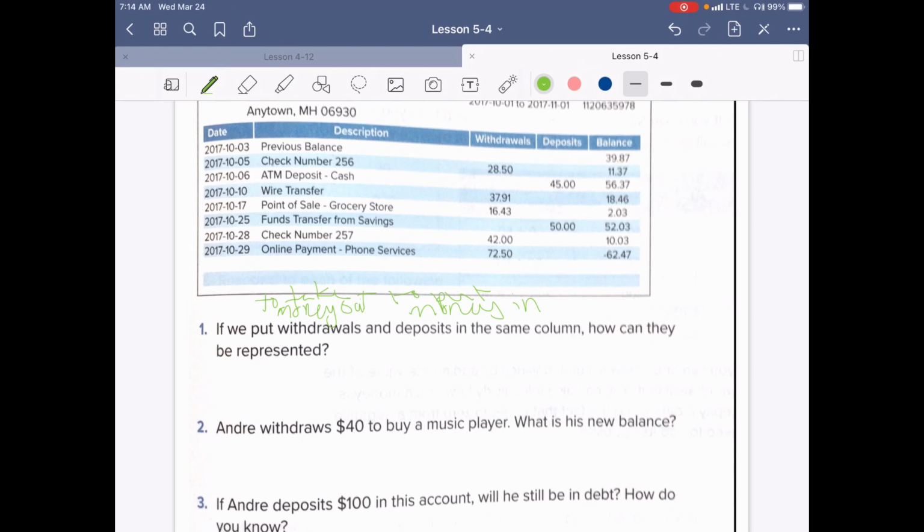So it would make sense to put a negative in front of the number as we are taking it out.